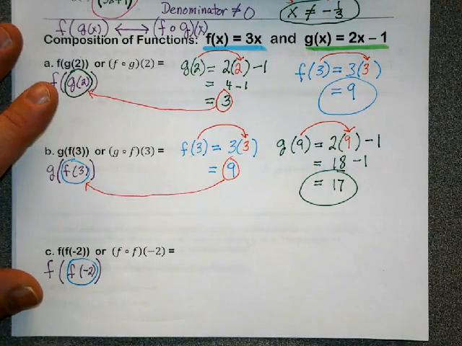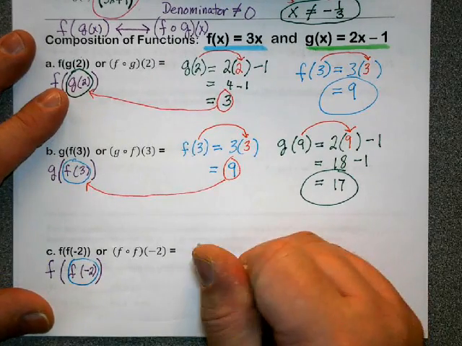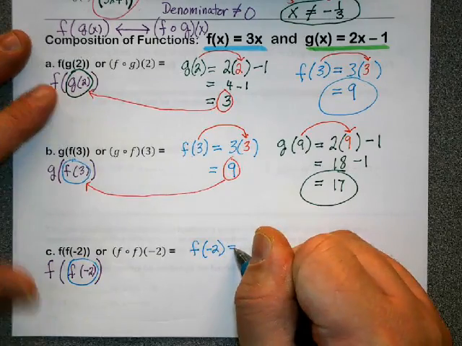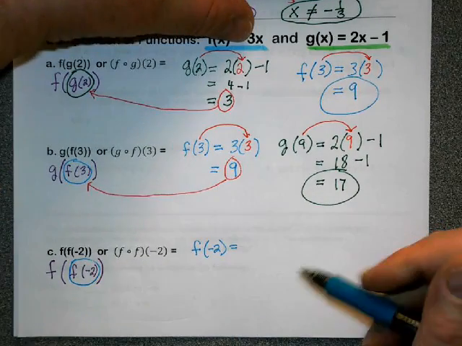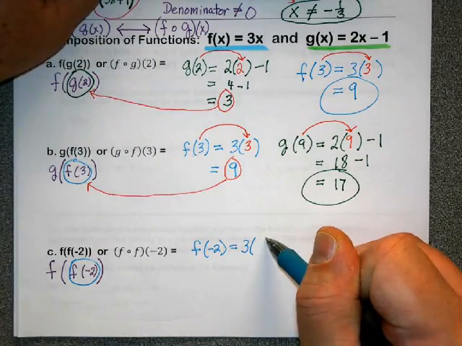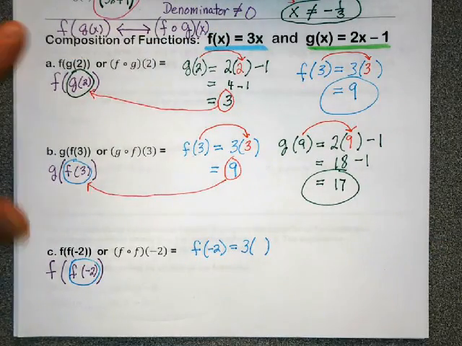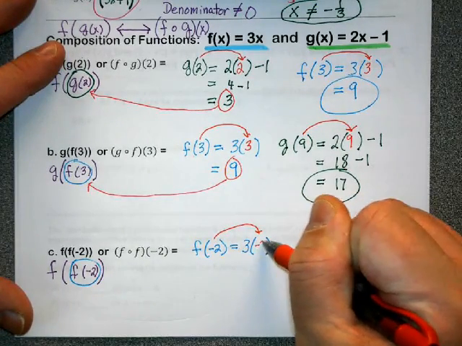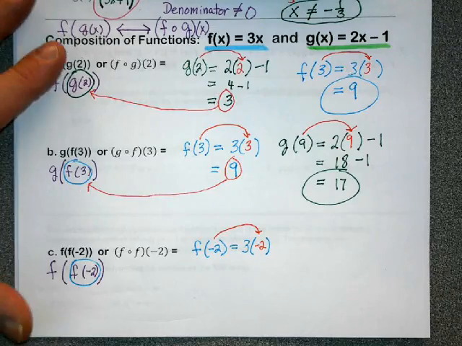I'm going to grab my f function, which is 3 times x, and I'm going to substitute in for x the negative 2. So the f of negative 2 equals negative 6, right?